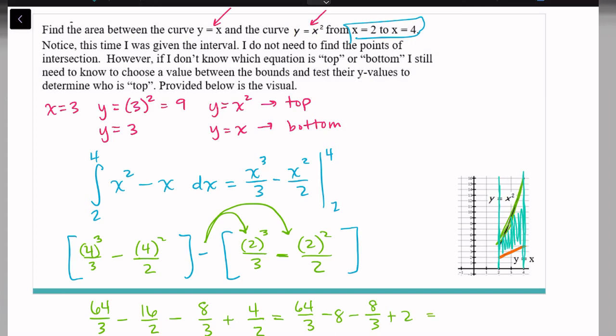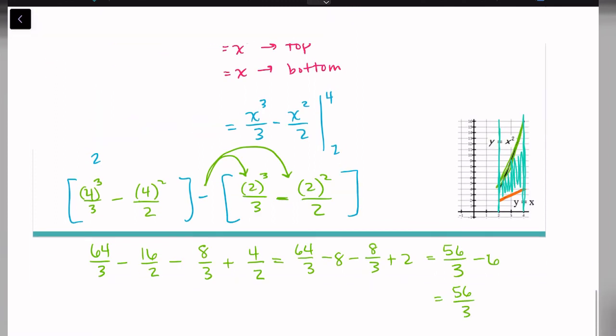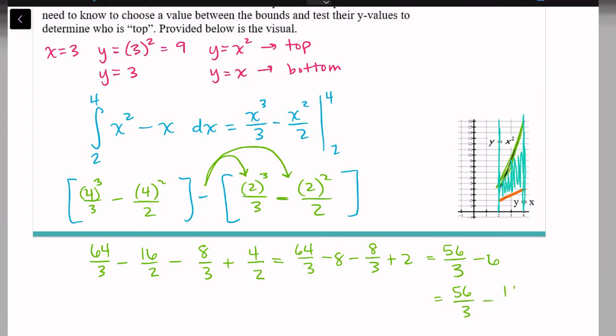Okay, 64 and negative 8, we can combine to get 56 over 3. And then negative 8 plus 2, we can get negative 6. Let's get that into a common denominator. So 6 is going to become 18 over 3.